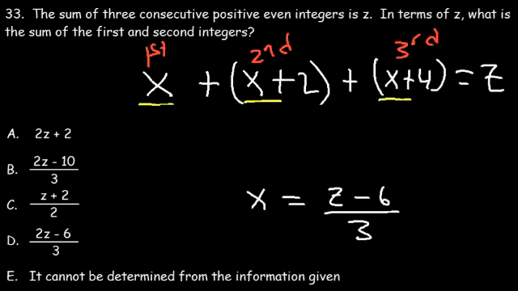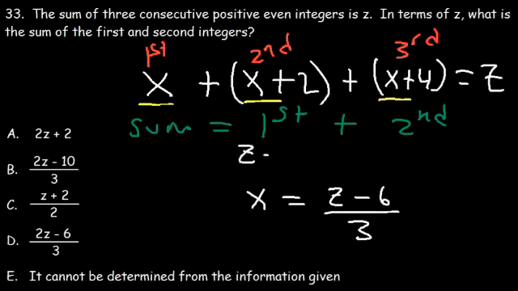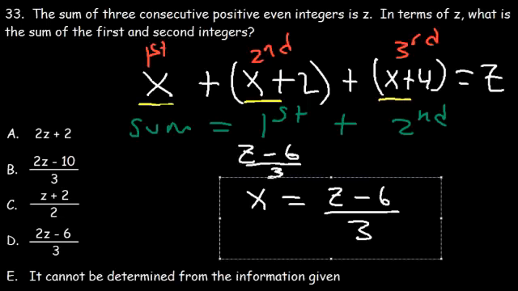So now our goal is to find the sum of the first and the second integer. So the first integer, we know it's x, but in terms of z, we know that x is equivalent to z minus 6 over 3. So let's move this somewhere else.